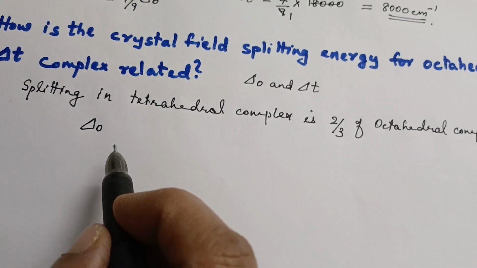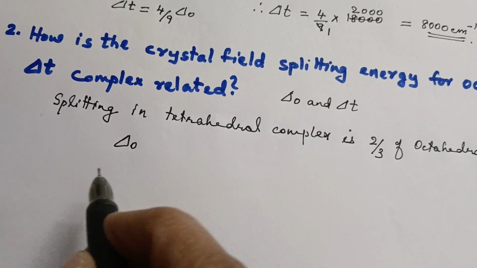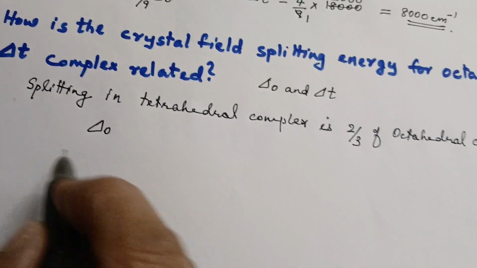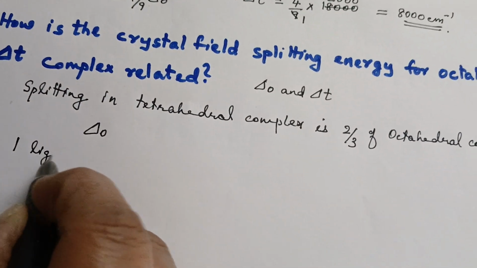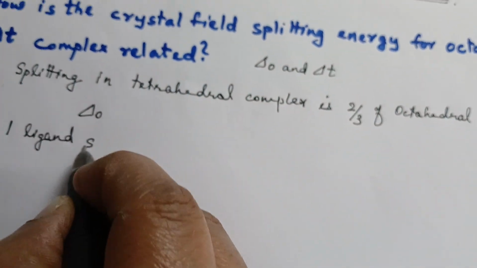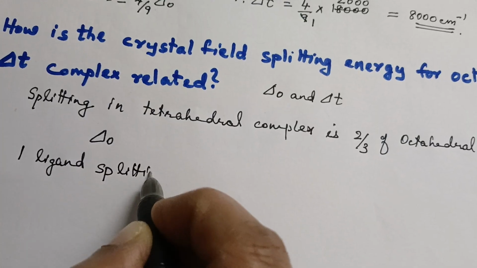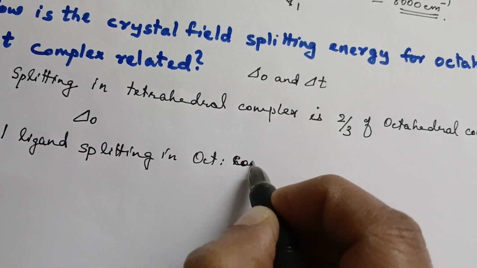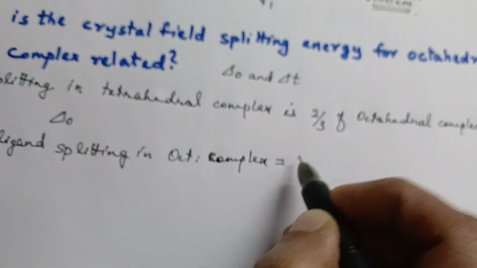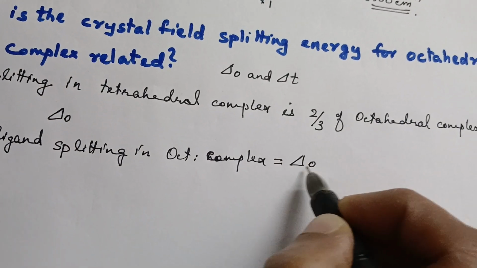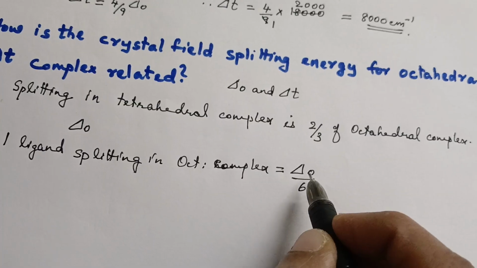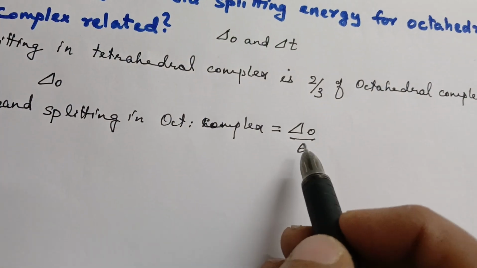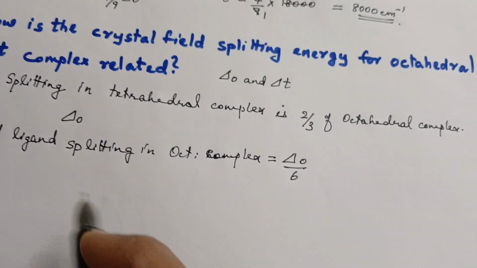How many ligands are there in an octahedral complex? There are 6 ligands, right? So for one ligand, splitting in octahedral complex is delta O by 6. Delta O is the splitting energy for the complex. There are 6 ligands and so for one ligand it is delta O by 6.